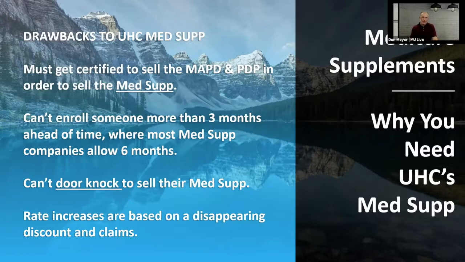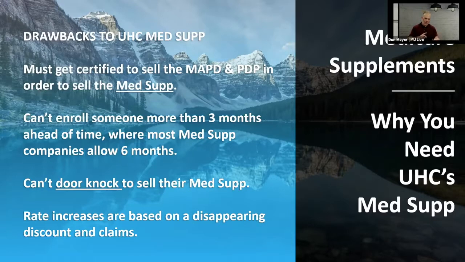The other unique thing about United Healthcare is that their rates are based upon two things: a disappearing discount and claims. Now, if you sign up for a Medicare supplement with United Healthcare, say at age 65, you get what's known as a 30% early enrollment discount. And every year for the next 10 years, you lose 3% of that discount.